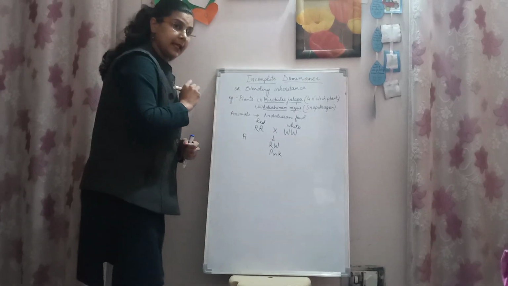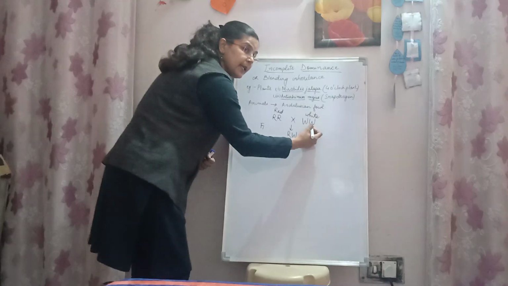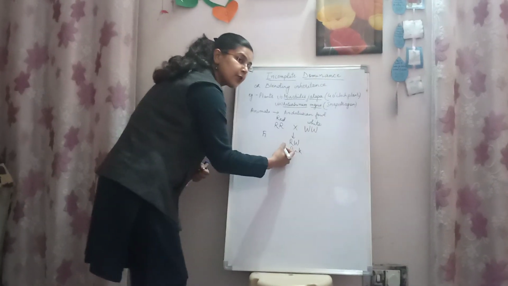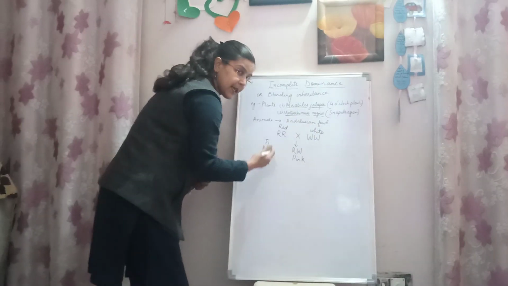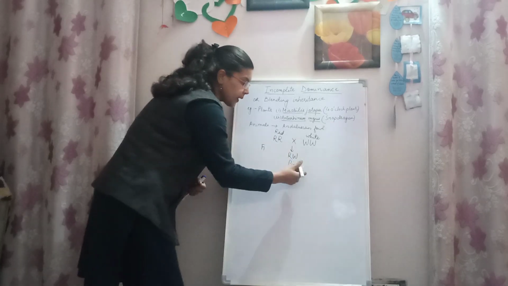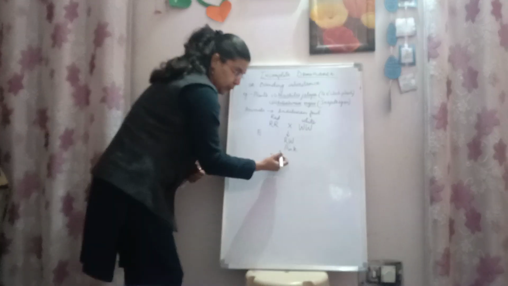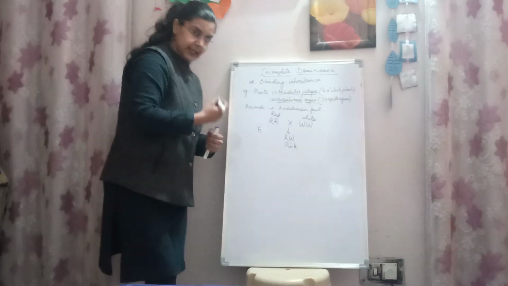Had it been Mendelian genetics where the R allele is dominant over the W allele, then the F1 hybrid was supposed to be heterozygous tall, say if the trait is height. But here in this case of incomplete dominance, you get the F1 hybrid as pink in phenotype, right? So this is a contradiction to the Mendelian inheritance.